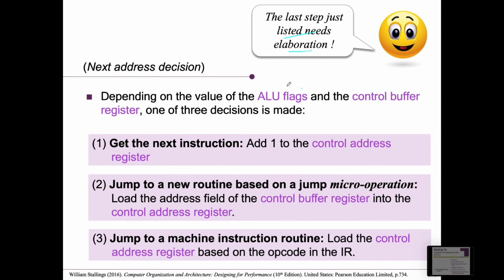Depending on the value of your ALU flag and your control buffer register, one of these three decisions is made. First is get the next instruction: add 1 to the control address. This one we already did previously. Second is jump to a new routine based on a jump micro operation.